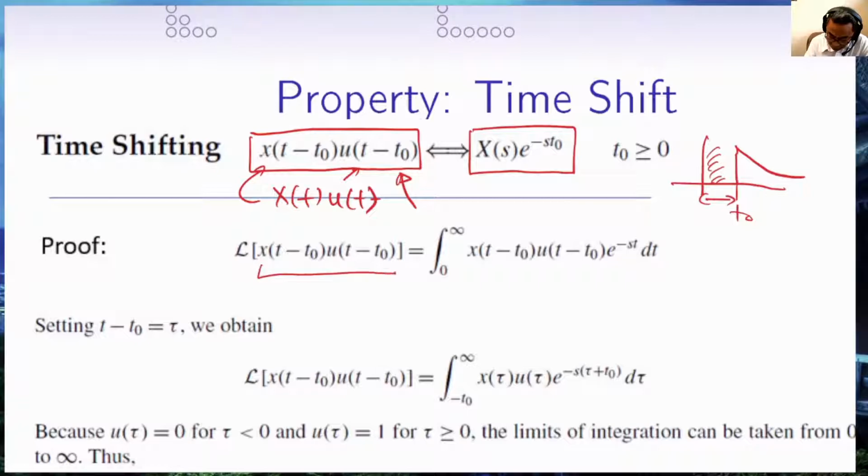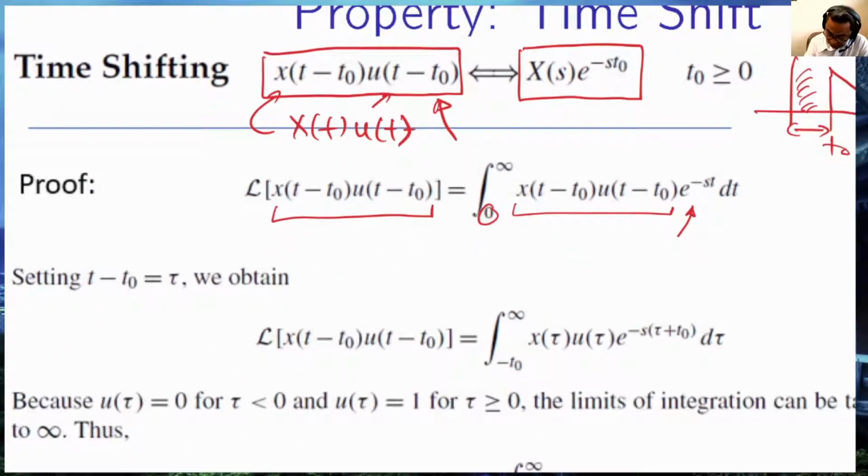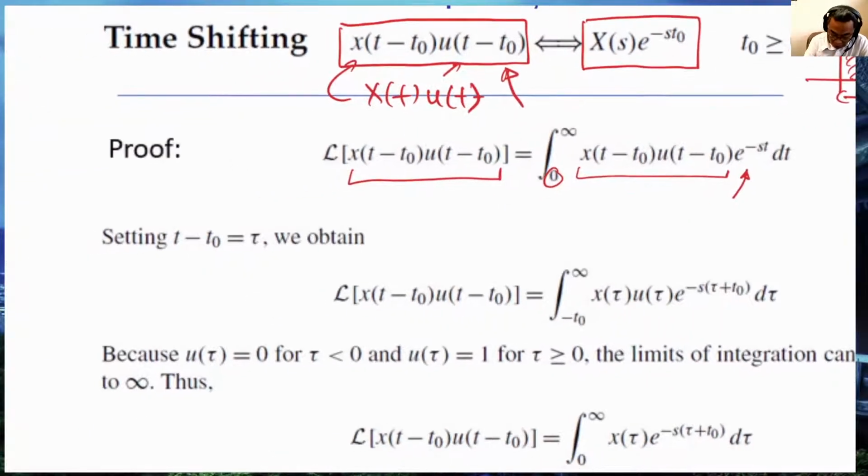So the function that we want to find the Laplace transform of is this. We put this function here and we integrate this function from 0. So we are looking at a causal signal times e to the minus st dt. Now, we set tau equals t minus t naught.